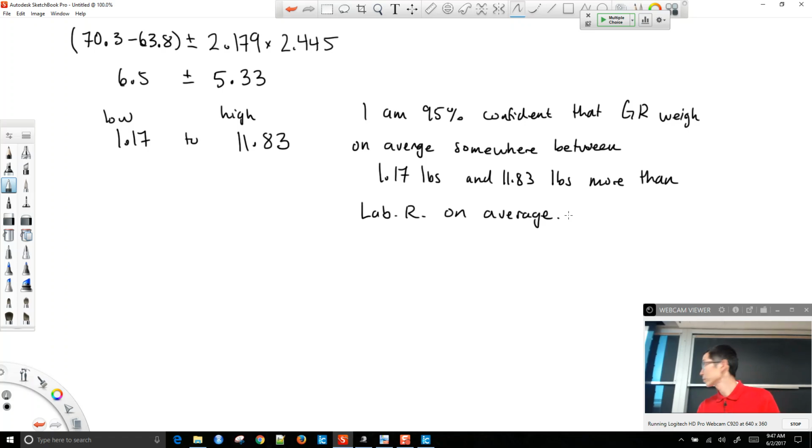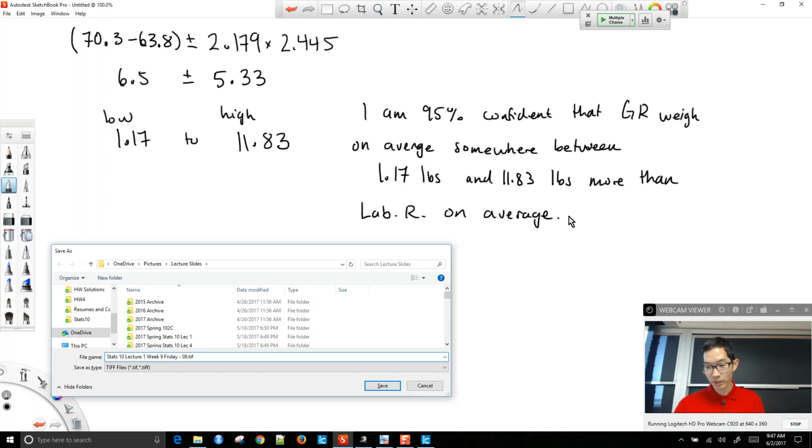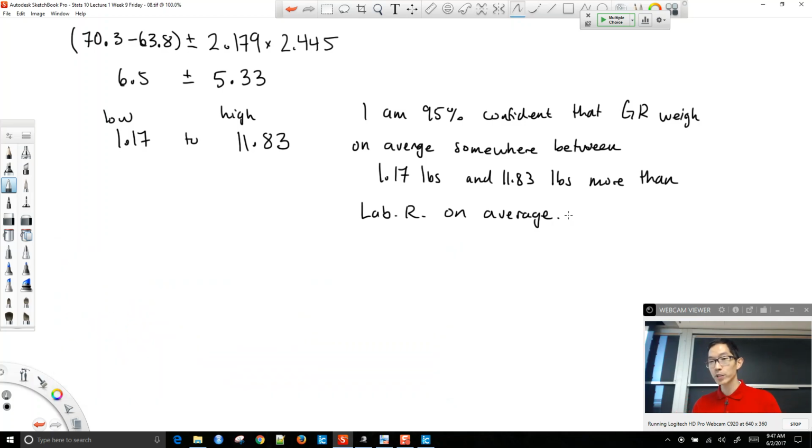So based on the random samples of data that I collected, we're saying we're 95% confident that golden retrievers weigh on average somewhere between 1.17 and 11.83 pounds more than Labrador retrievers on average.